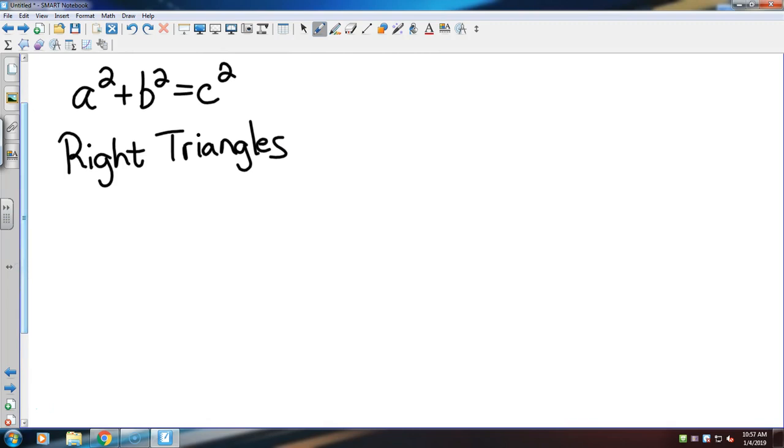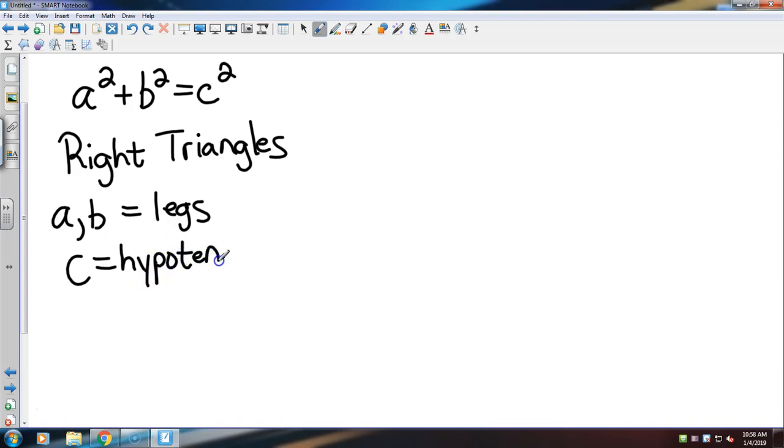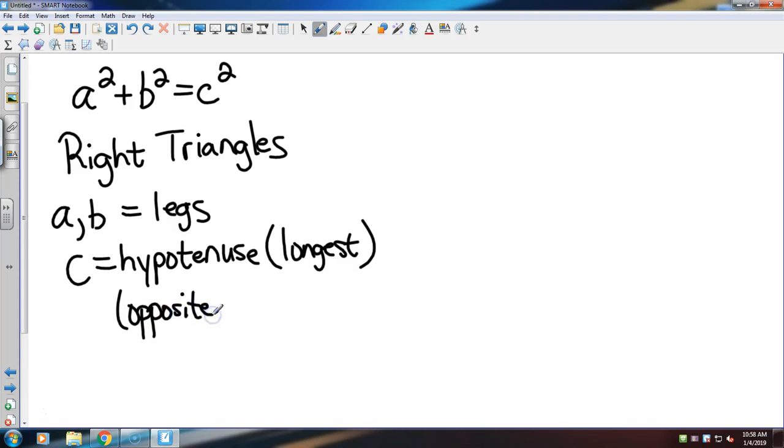And it applies to right triangles where a and b are the legs and c is the hypotenuse, which is the longest side. And it's also opposite the right angle.